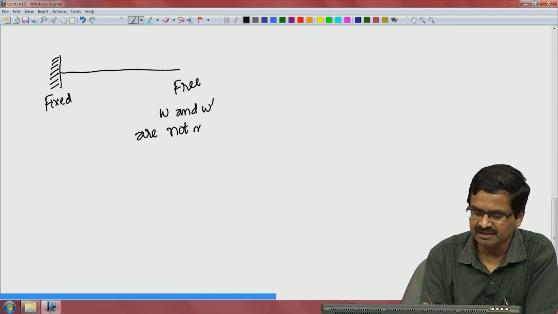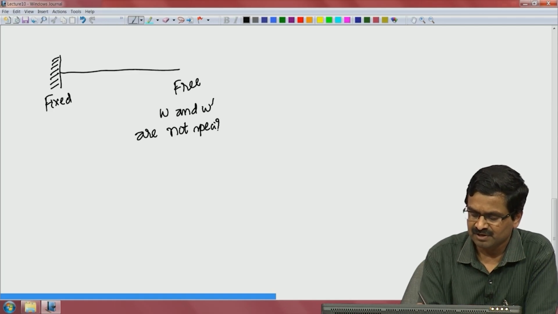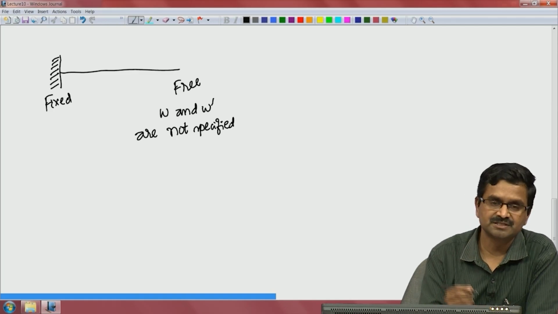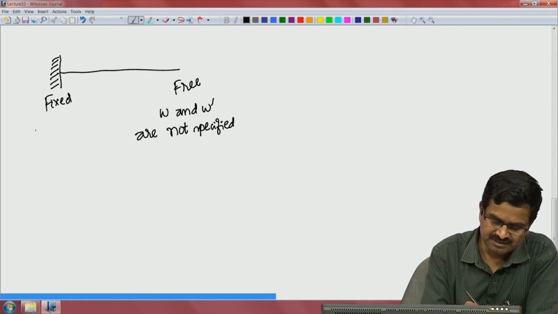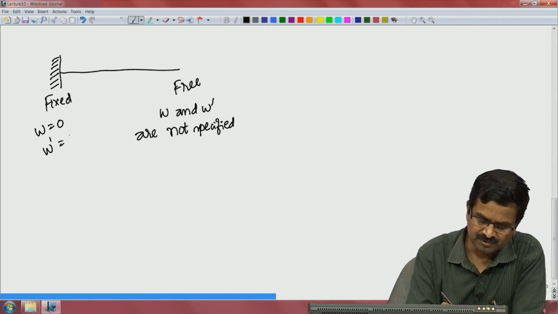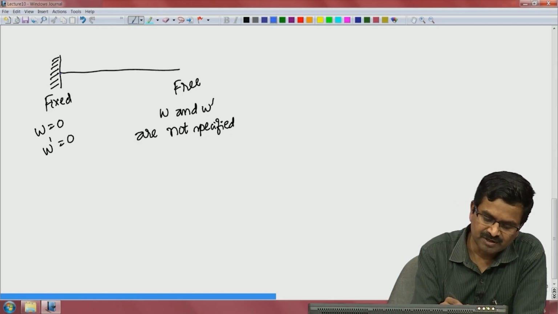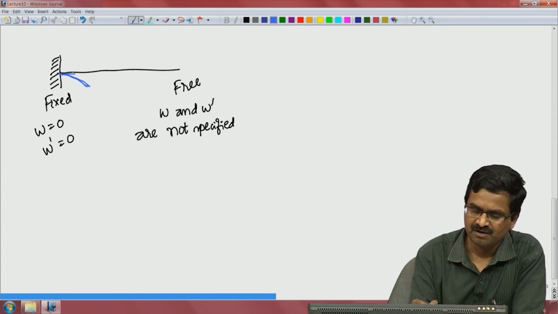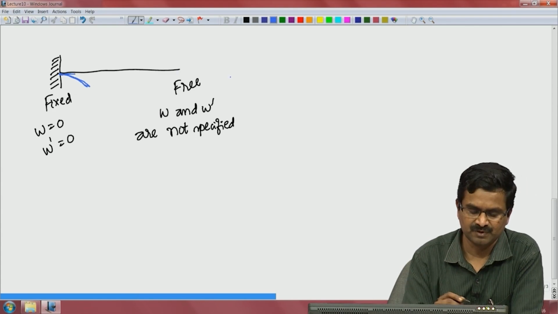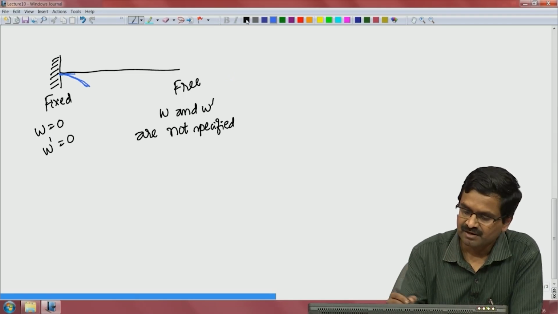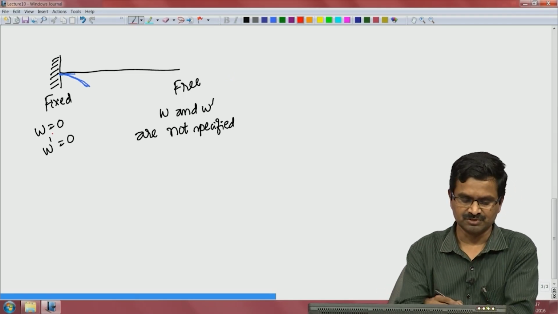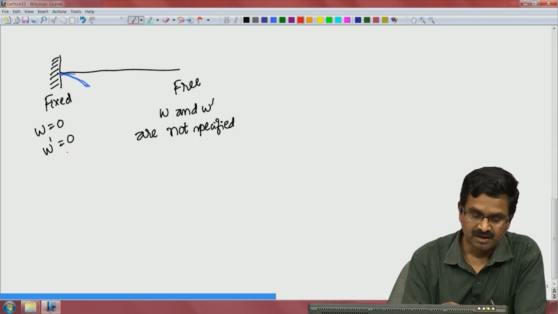They can be anything as per the loading applied on this cantilever beam, and fixed means that w is equal to 0, w prime is also equal to 0. That is why when this beam bends, we have to make sure that w is 0 and the slope is also 0. We have to go with slope 0 there. But at this end it can be anything. Okay. So, here we have w equal to 0, w prime equal to 0.